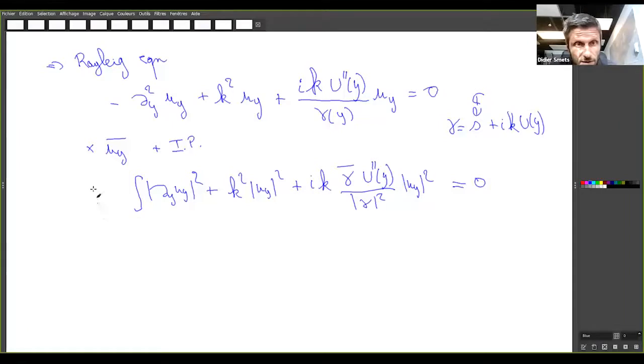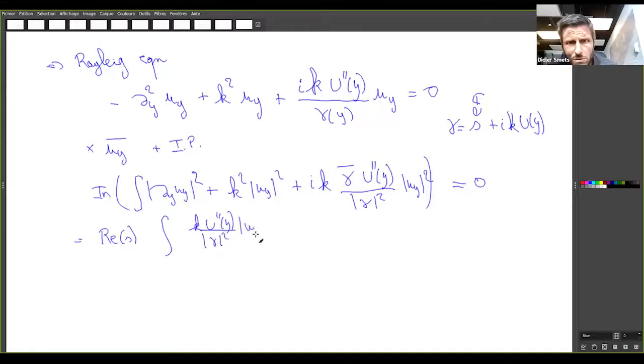Okay, so now if I take the imaginary part of this thing, I'm going to have the real part of S, times the integral of what? I'll have a k, U second of y over this gamma squared and this Uy squared, okay? So we see that if this U second is of constant sign, then this quantity can only be 0 if Uy is identically 0.